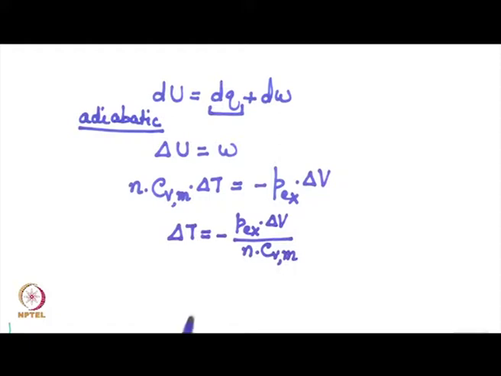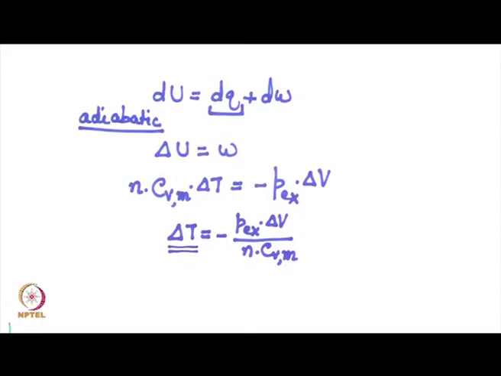So, if I know the external pressure, the change in volume and the heat capacity, I can calculate the change in temperature. From this expression, I can immediately tell under what conditions the process is going to be isothermal. Let us take a look at the slide.